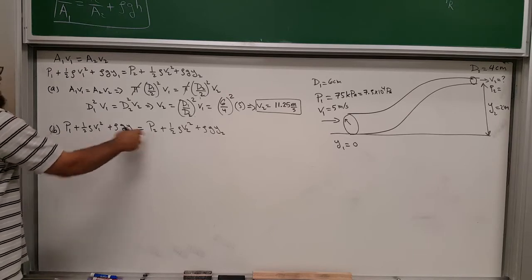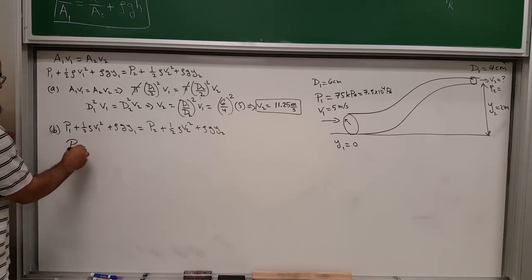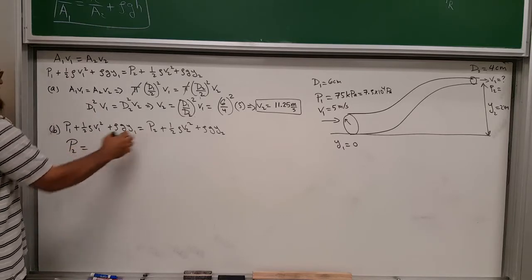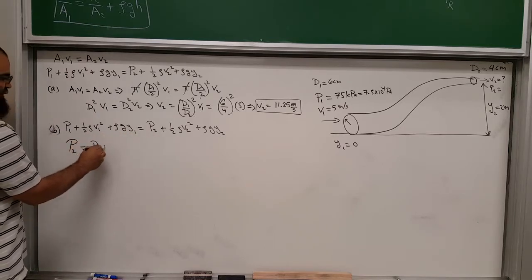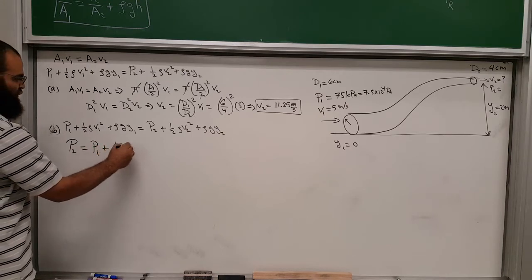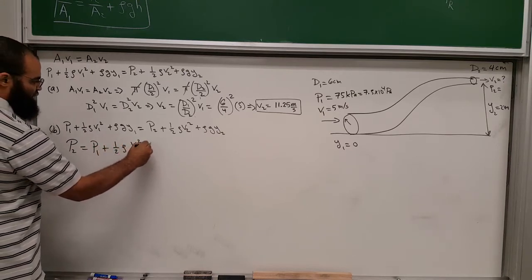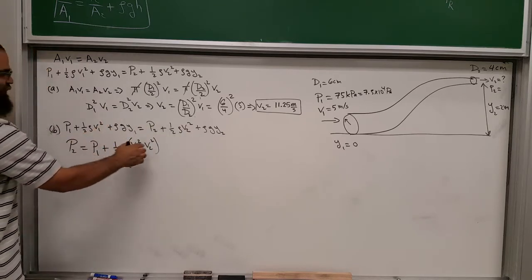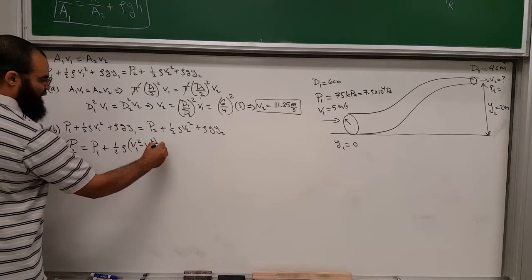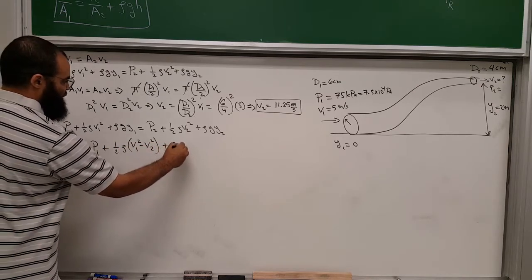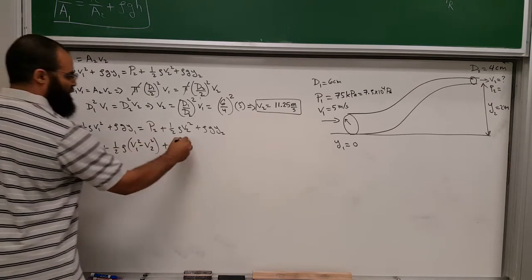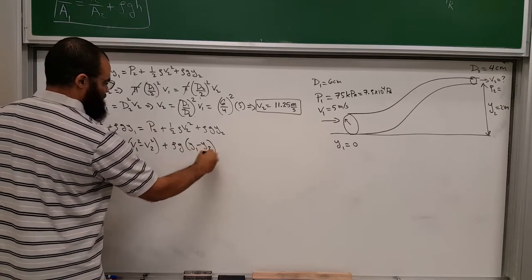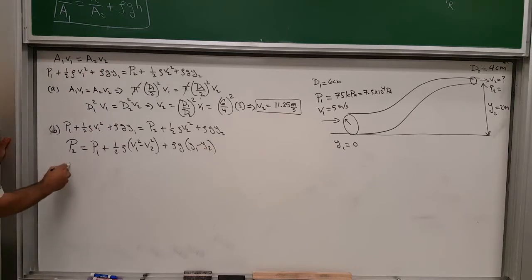I want pressure 2, so I move everything else to the other side. Pressure 2 will be pressure 1 plus 1/2 rho times V1 squared minus V2 squared, factoring the 1/2 rho, and then plus rho g times Y1 minus Y2. And plug in the numbers.